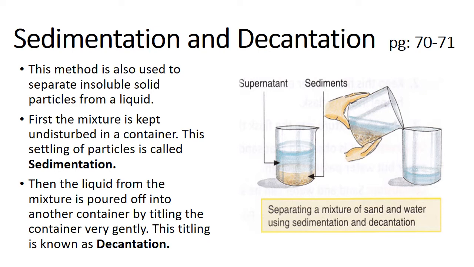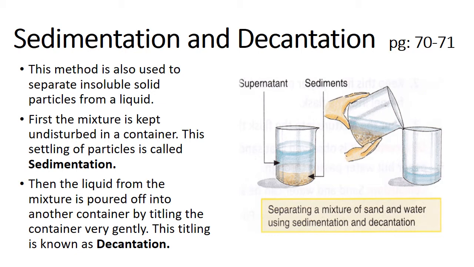Then the second step is that the liquid from the mixture is poured off into another container by tilting the container very gently. This tilting is known as decantation. You lift this beaker up and take an empty container and start pouring the liquid just by tilting this container.